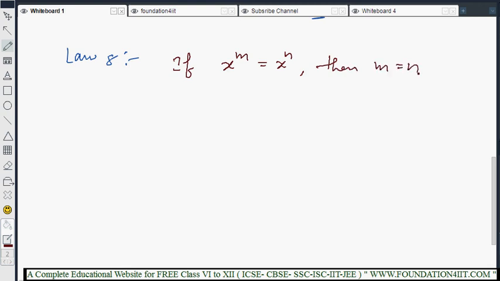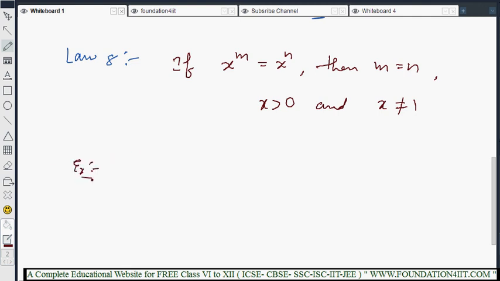So whenever the bases are the same and two exponentials are equal, at the same time the powers also must be equal. So your condition is x is greater than 0. These conditions are important. x should be greater than 0, and at the same time x is not equal to 1 also.